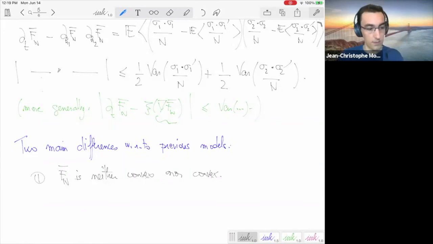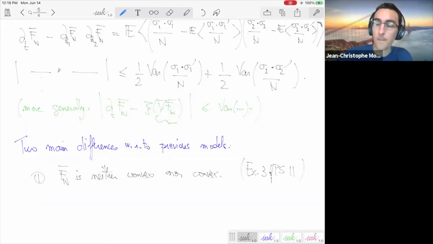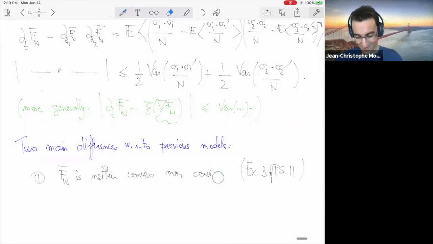In exercise 3 of problem set 11, I propose a way to verify that indeed this function is neither convex nor concave. Oh, I wrote neither convex nor convex. That's sweet. All right, nor concave.